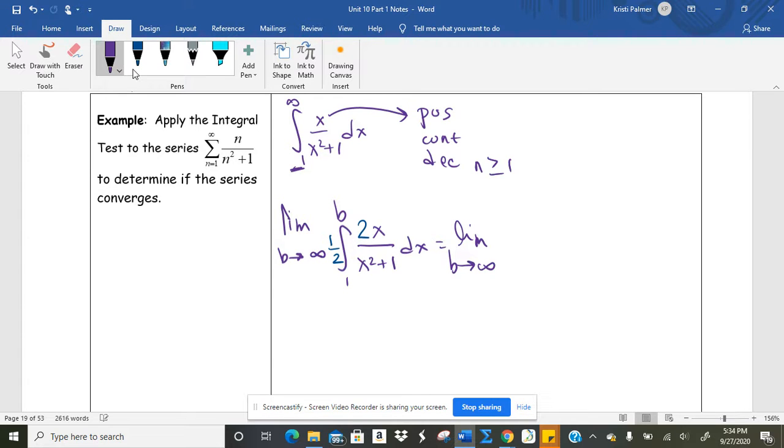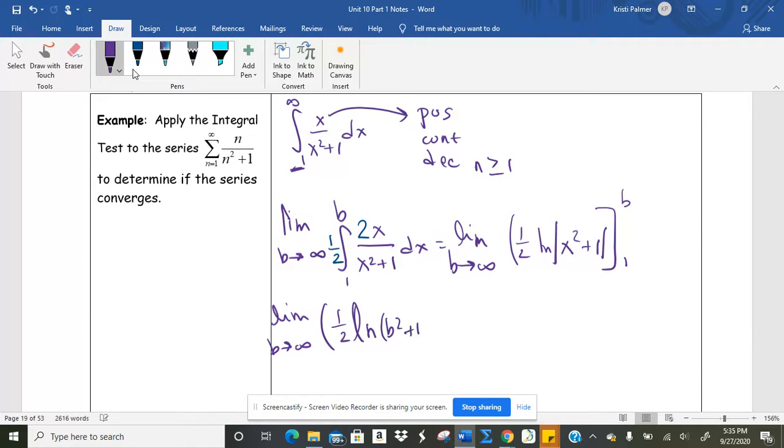So now that's an ln rule. The absolute value of that bottom there, and I don't even need absolute values because that's going to be squared, so they're kind of redundant. So that's the ln of b squared plus 1.